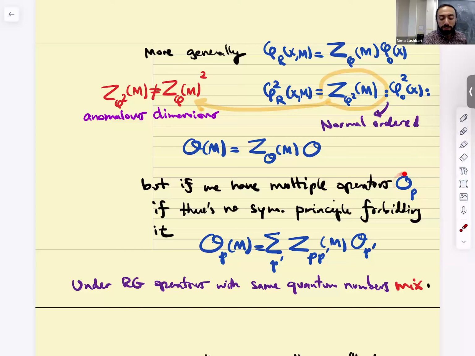If we have multiple operators O_P, and if there is no symmetry principle that forbids mixing them, O_P of m will actually be written as a sum over P prime of Z_PP' of m times O_P'. So composite operators can mix among each other under renormalization.